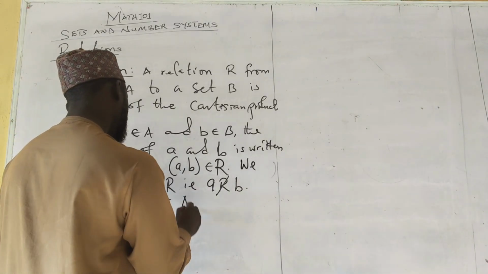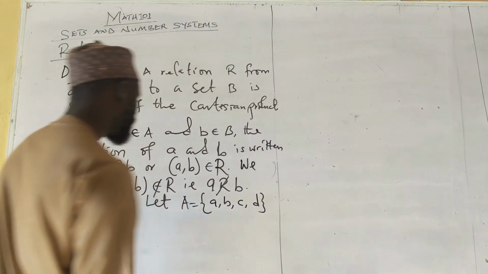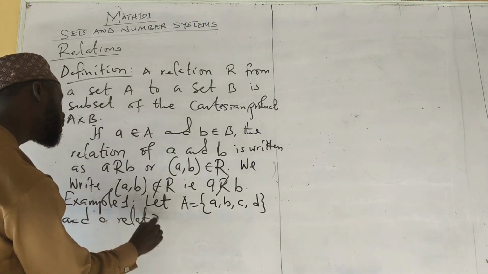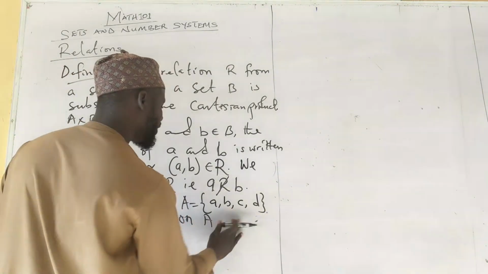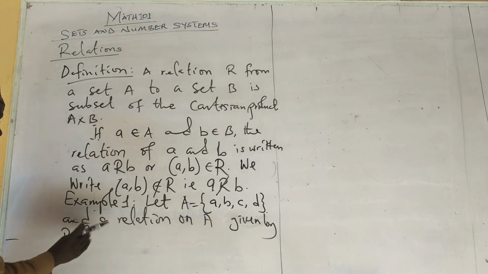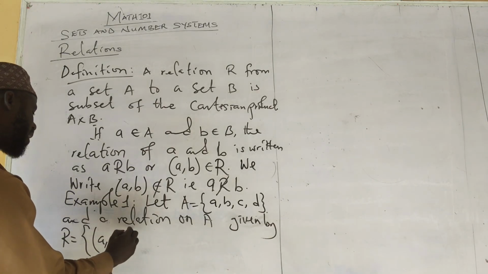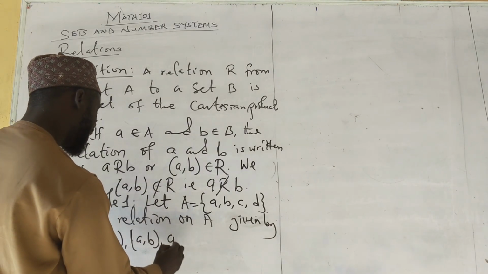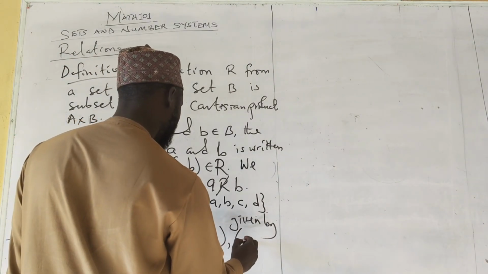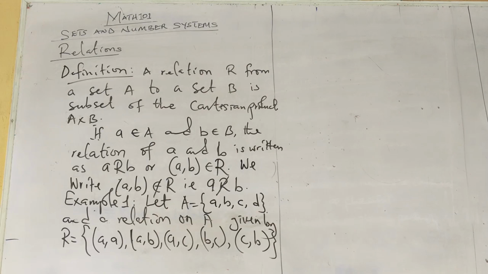So if you have your A equal to {a, b, c, d}, now a relation on A is given by R equal to, a relation is a set of ordered pairs, so you have (a, a), (a, b), (a, c), and (b, c), or you have (c, b). So let's take this as a relation.